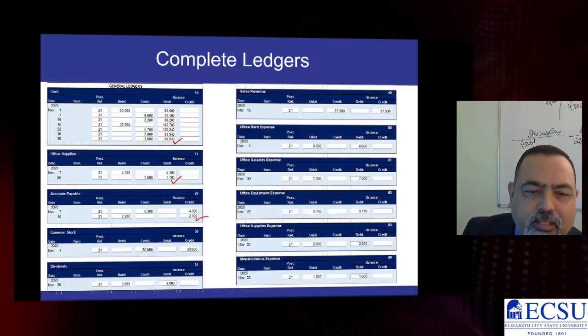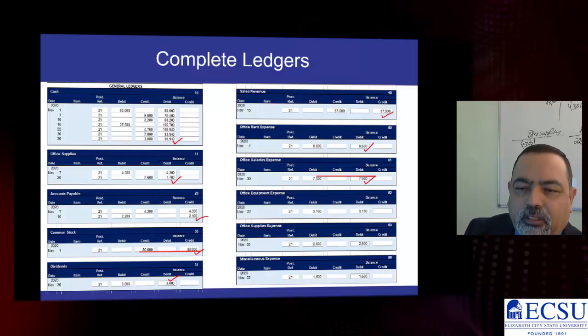It has a credit balance of 2,100. Common stock, owner's equity, is a credit balance of 80,000. Dividend is 3,000 debit, and then you have 37,500 of sales revenue, 9,600 of office rent expense, and office salary expense of 7,000.